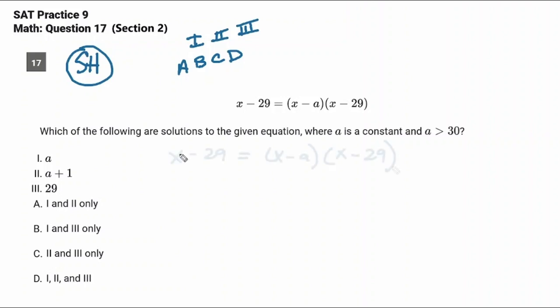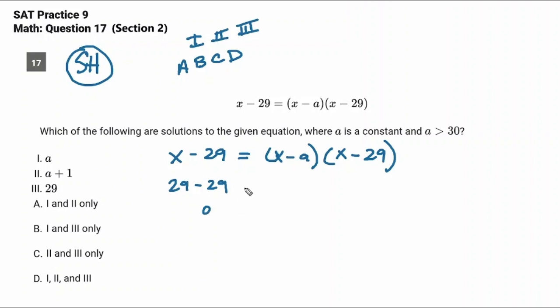Let's write the equation. And then looking at these 3 Roman numerals, what's going to be the easiest thing to do here? Well, the easiest thing to do here is definitely Roman numeral 3 because it's saying which of the following are solutions. Solutions are what the x is, a is a constant, and 3 is suggesting that maybe a solution is 29. So let's just see if x can be 29. Every time you see an x, put in a 29.